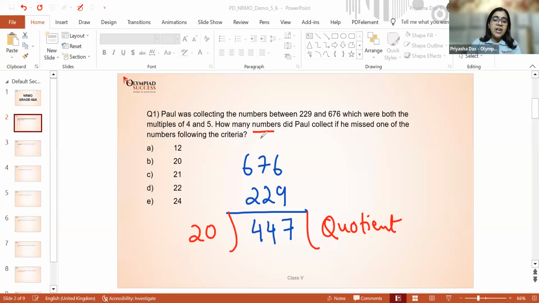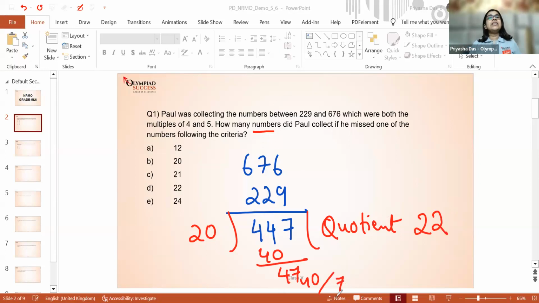Anyone give it a try? 20 into 20 is 400. What's the quotient when you divide this? 20 into 2, 40. 47, 20 into 2, 40.